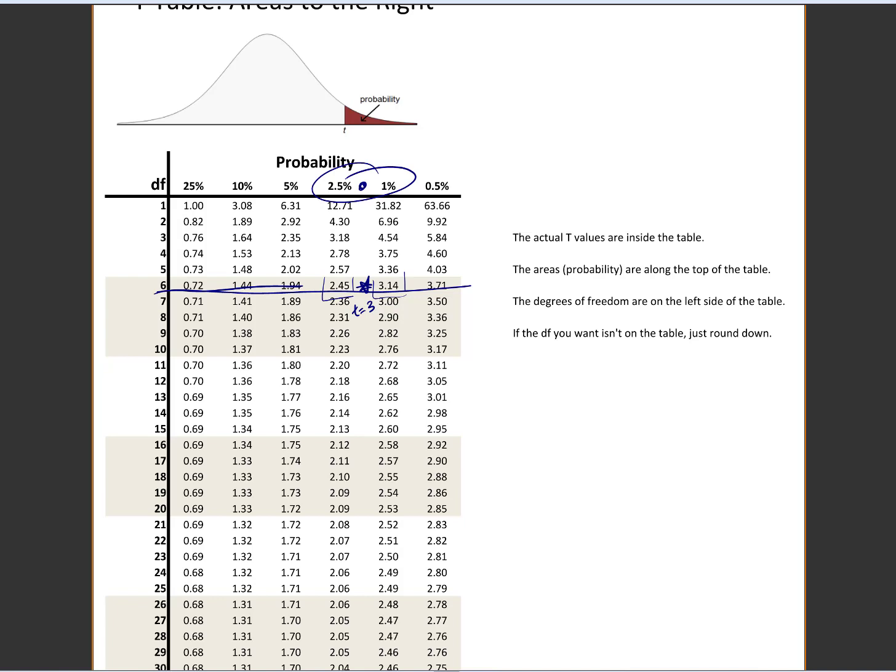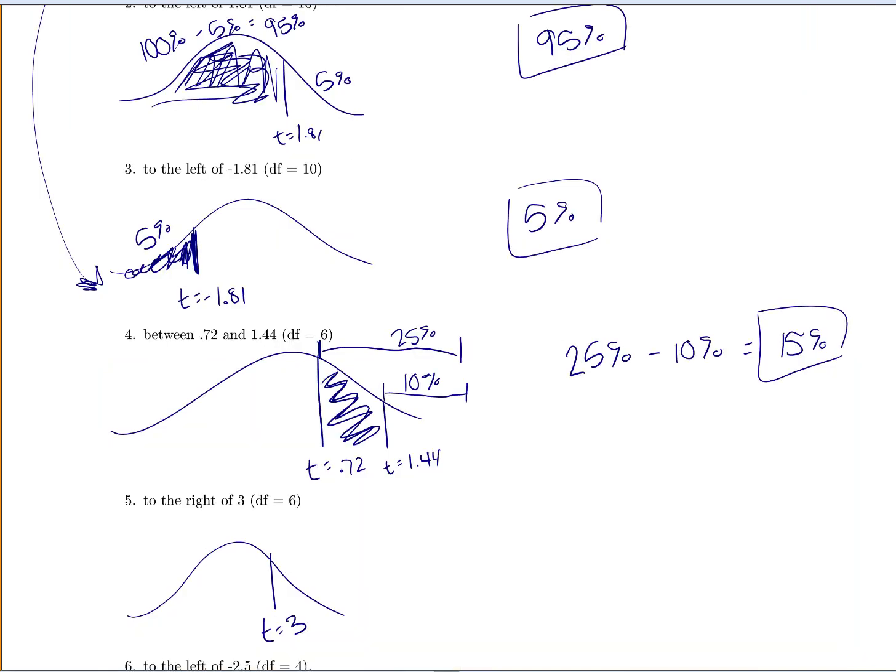Now, I don't really know what it is exactly, and I'm not really going to make you guess. We'll just say it's somewhere between those two values. So it is going to be between 1% and 2.5%. We can't really get it any better using the tables. That's okay, we'll just leave it as a range.